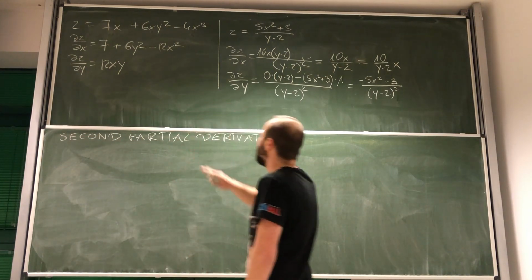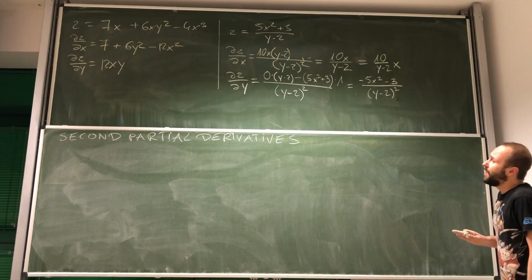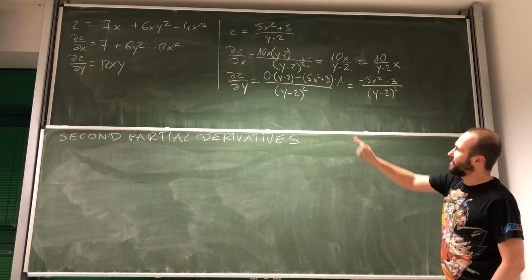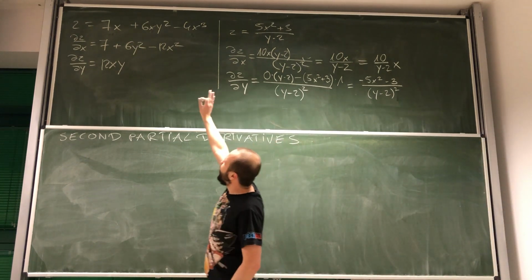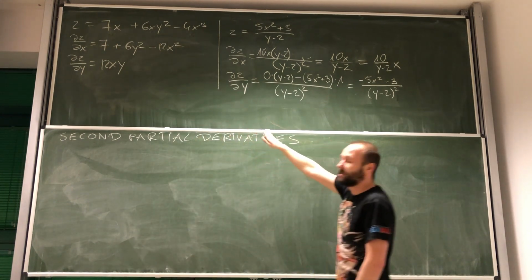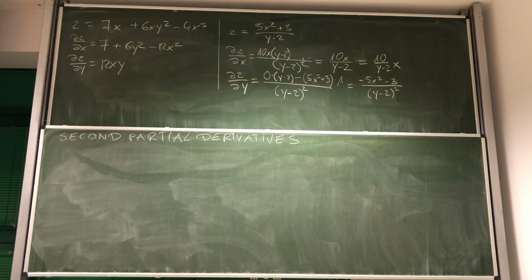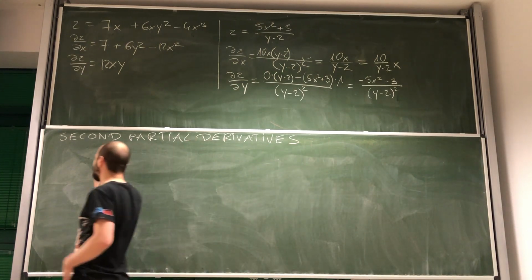So here, the situation is a little bit more involved, because I can differentiate z with respect to x and with respect to y, which actually tells us that each of these derivatives I can also differentiate with respect to x and with respect to y. So if this is a possibility, why not try it? Okay, so let's start like this.